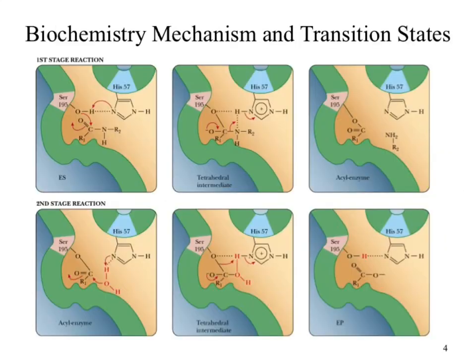After we do that, we can actually move into our mechanism. So this is definitely an abbreviated mechanism, but you can see that we've got the serine residue. No, I don't expect you to know this mechanism. We'll talk about what I would expect you to know of it. And then you've got your histidine residue.